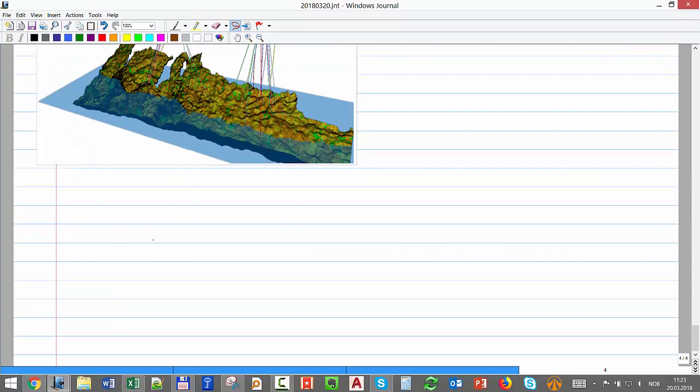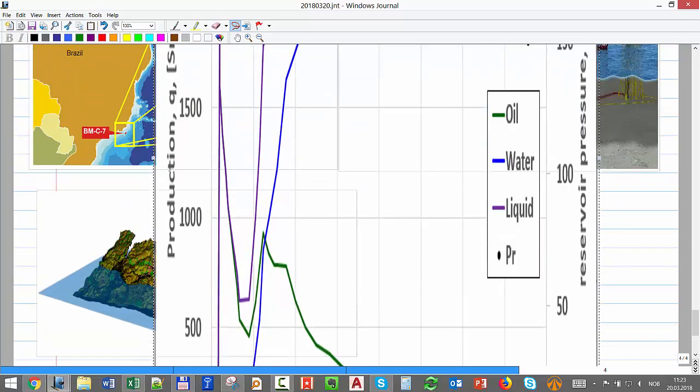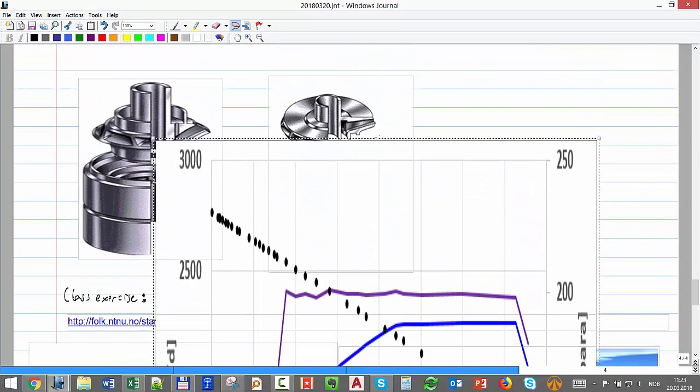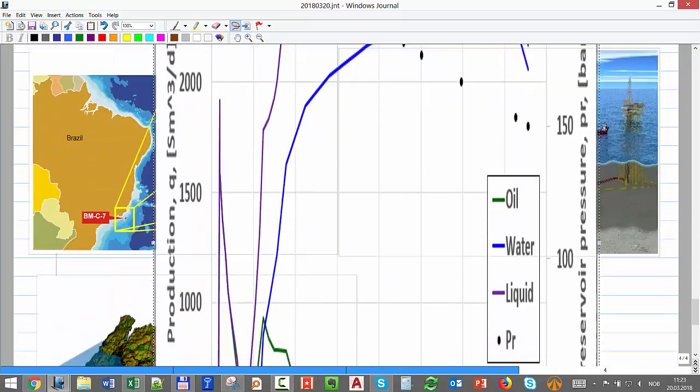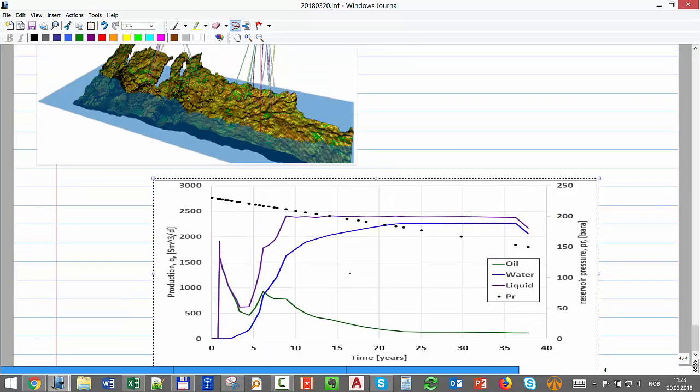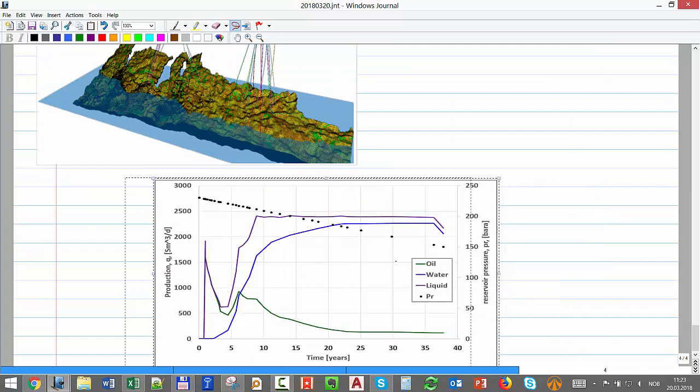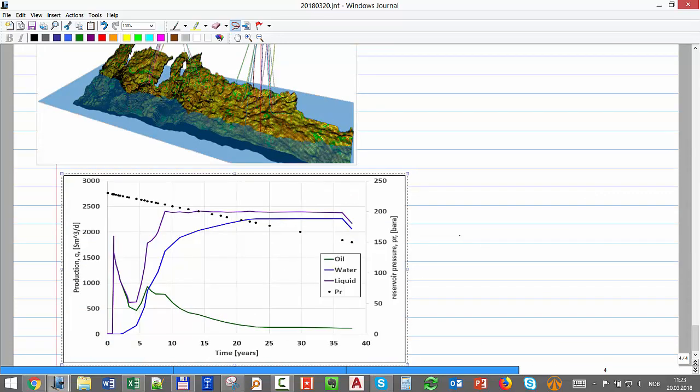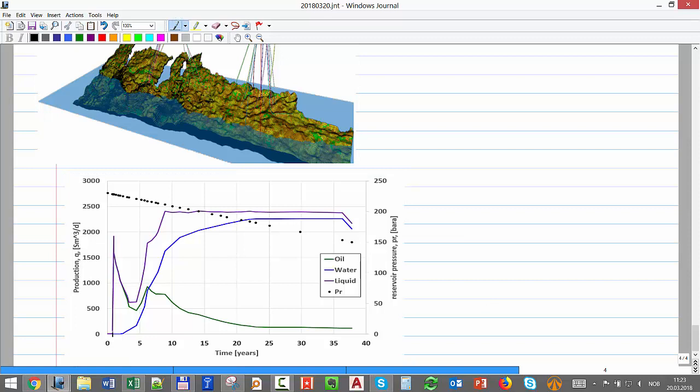I think I have a completion diagram, but I'm not sure if that's going to be very exciting for you, but just to show the well. So we are going to make our verification for this year, where you have low to no water cut, 1, 3.3, someplace here.